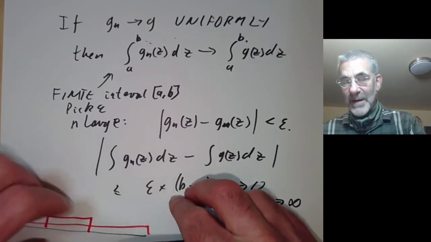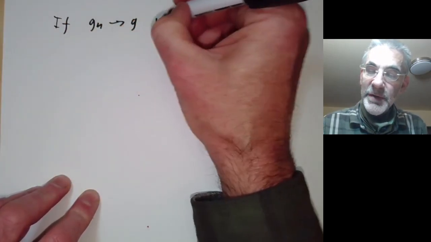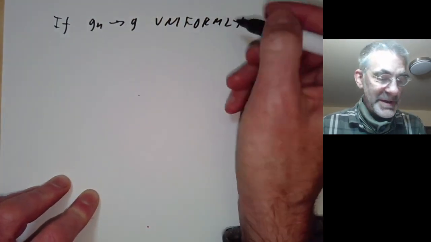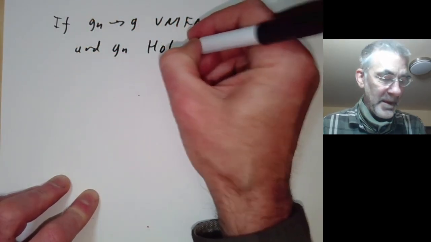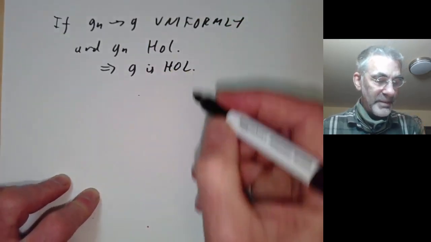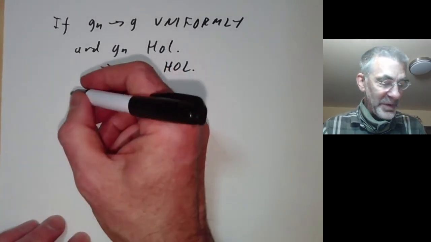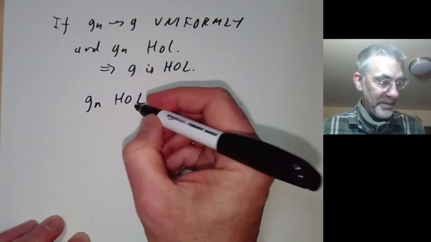One very useful application of this is we can prove that if Gn tends to G uniformly on some region U, and Gn is holomorphic, this implies G is holomorphic. So the uniform limit of holomorphic functions is holomorphic. And the proof of this is very easy. Suppose all Gn's are holomorphic.